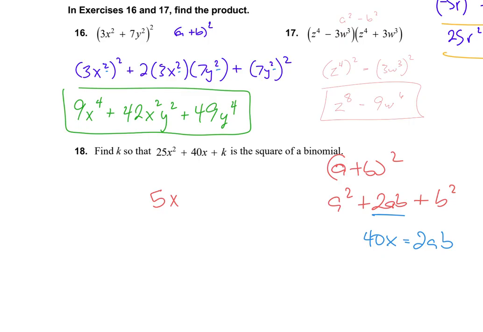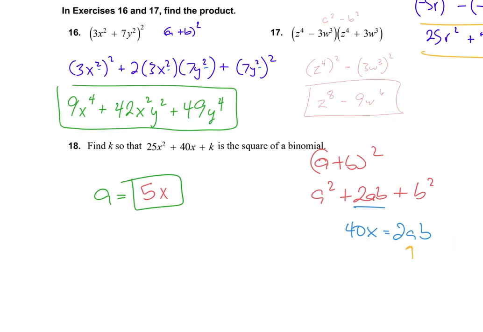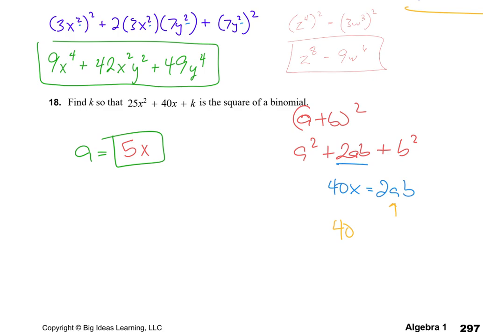And what we're going to say is our a is really 5x, right? That's really a. So right here, hang on, I'm switching colors. This is really 40x equals 2 times 5x times b.